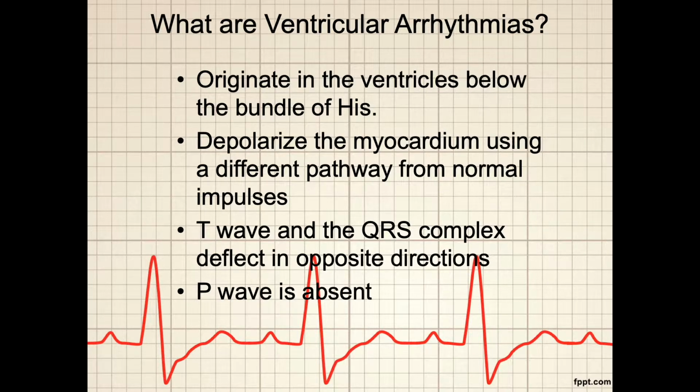Because of the barrier of the AV septum, that impulse may never impact the atria. And because of this, the T wave and the QRS complex are going to deflect in opposite directions, and the P wave will be absent.